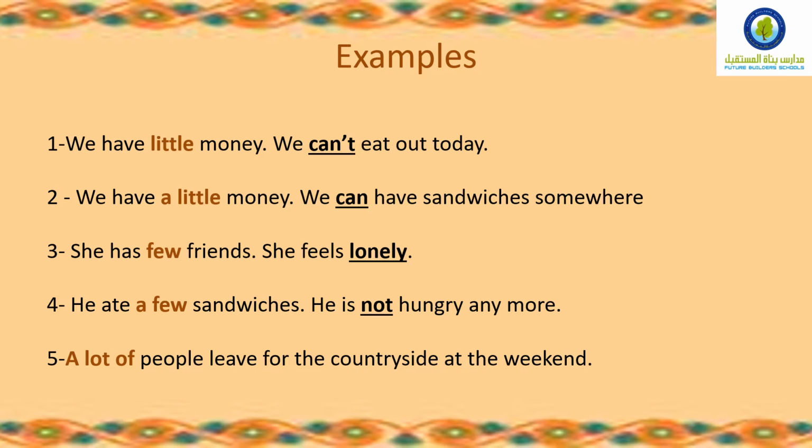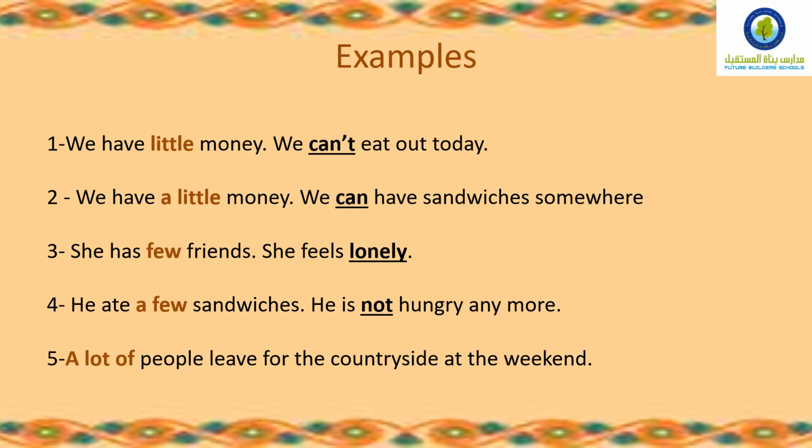Number five, a lot of people leave for the countryside at the weekend. We are talking about a huge number. Now people is a countable noun, and it's a regular countable noun. Now, can we say little or a little? Of course not, because people is a countable noun. So we say a lot of, and by that we are talking about a huge number.